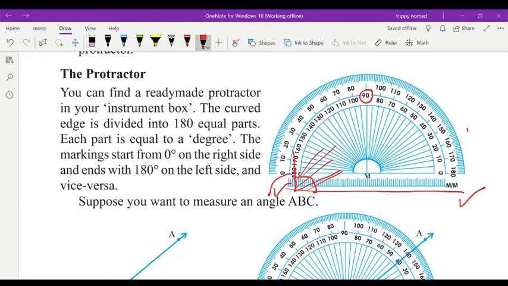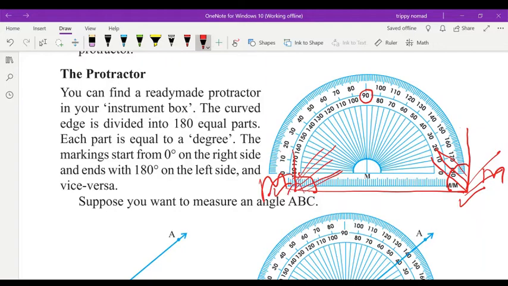In the same way, on the right side of the line segment, if you draw 90 degree, you will make it like that, and all the angles inside will be less, and outside of the 90 degree will be more. These will be more, these will be more.